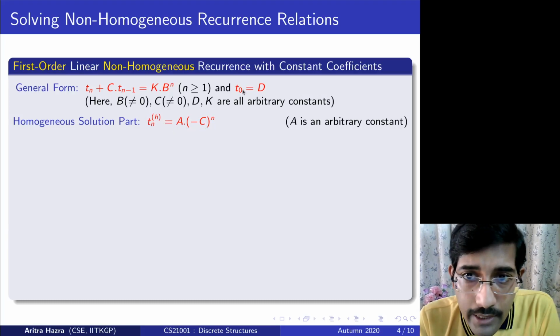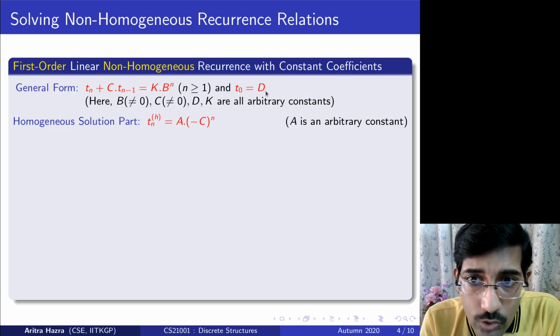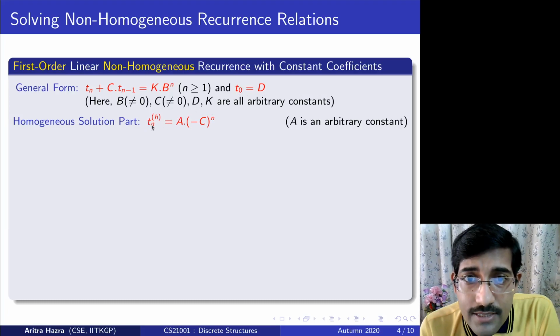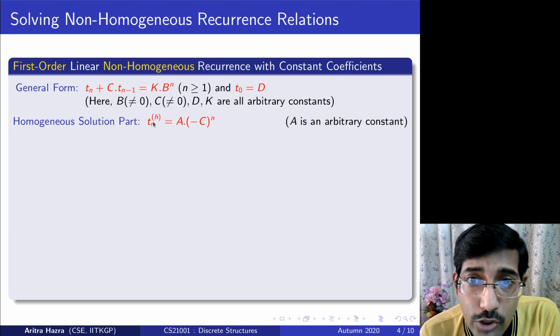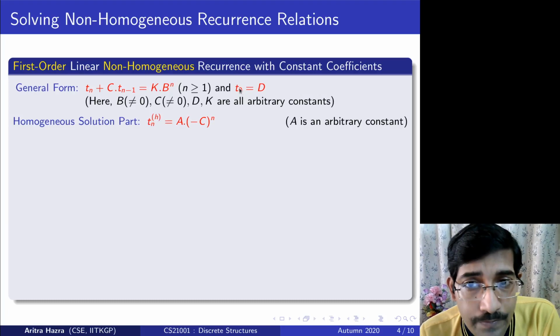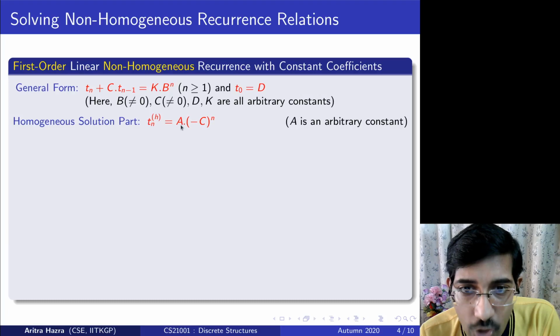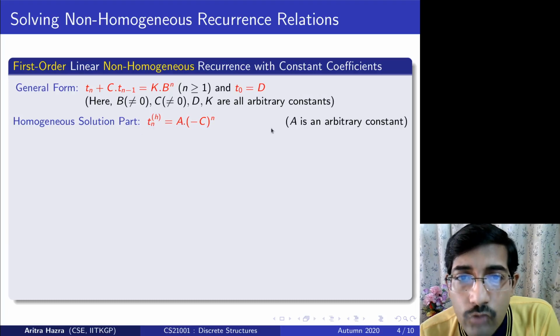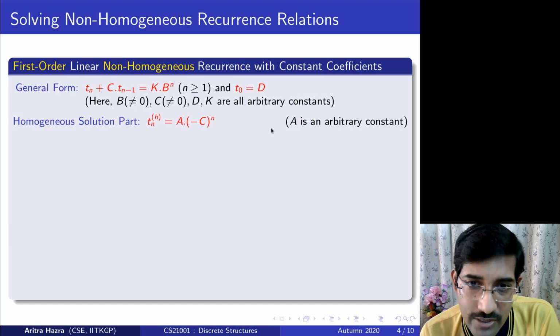Remember, here I cannot supplement Tn0 with D because this is the homogeneous part of the solution, not Tn itself. So therefore, T0H may not be equal to T0 because T0 also contains the total part of the solution, not only the homogeneous part. So we will derive this constant A after we get the full Tn expression with us.